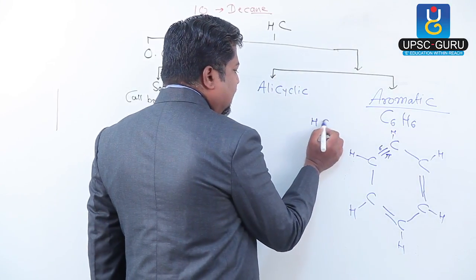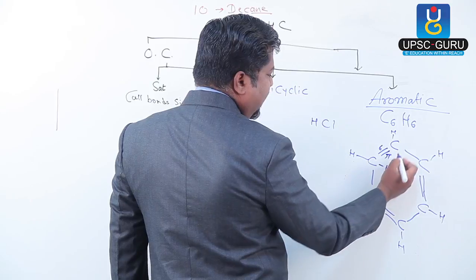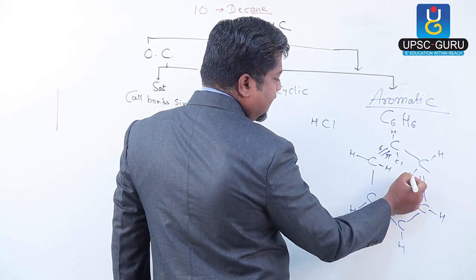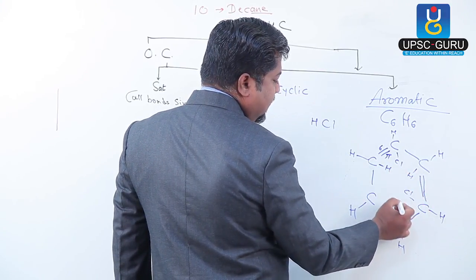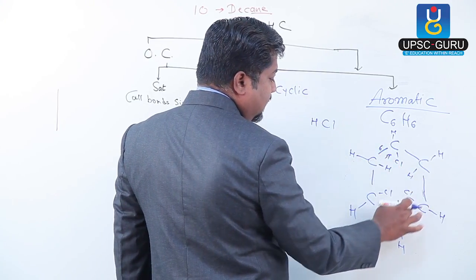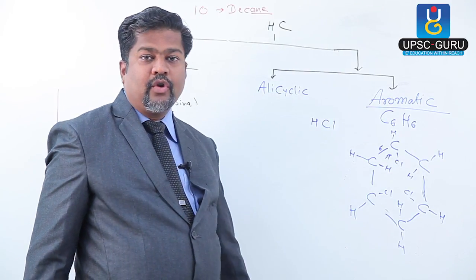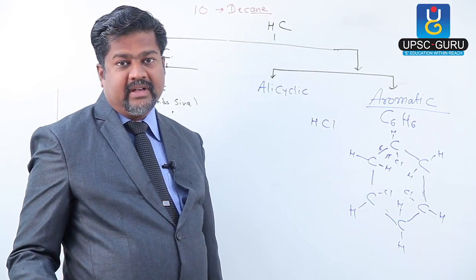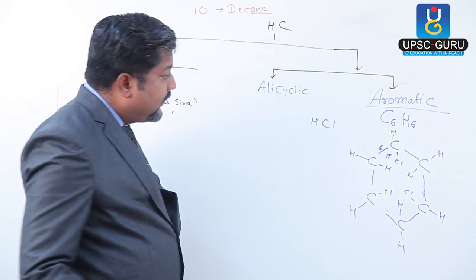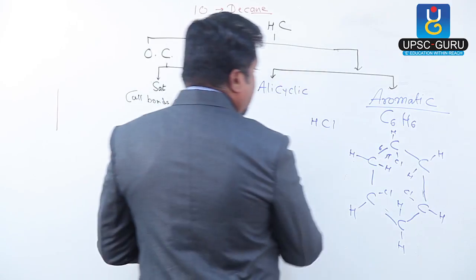Then the expected compound here, H goes here, Cl here, H goes here, Cl here, and H goes here, Cl here, and we should break the alternate double bonds. So this type of compound should be there, but it is not giving this compound. Like that, various problems were observed, and then they got the answer in this way.